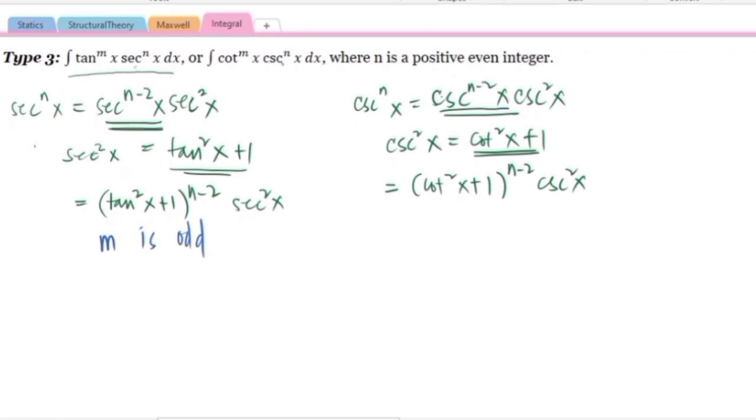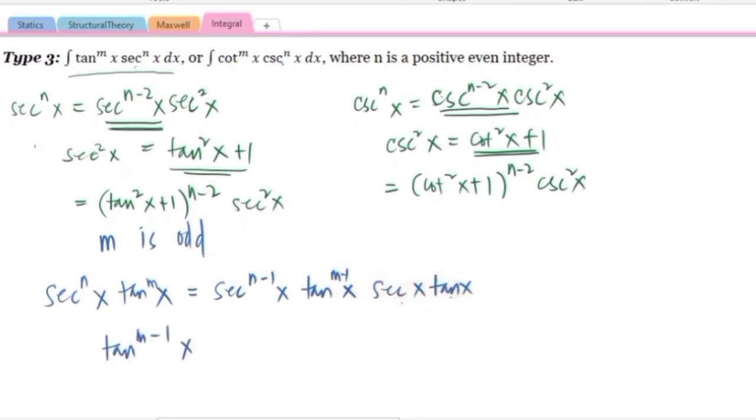So ang gagawin natin, we express secant x raised to n tangent raised to m into secant n minus 1 tangent m minus 1 multiplied by secant x tangent x.